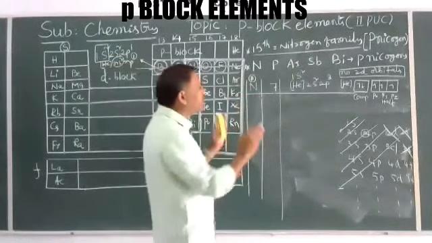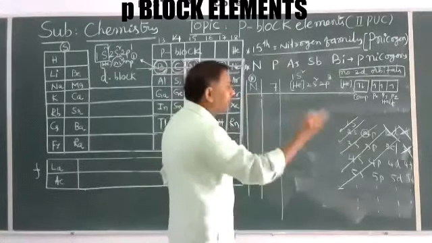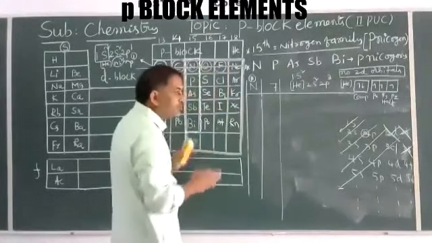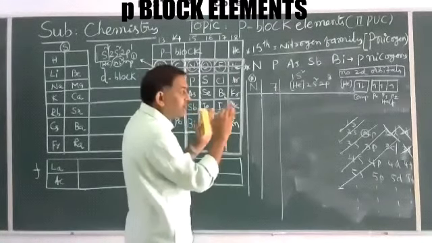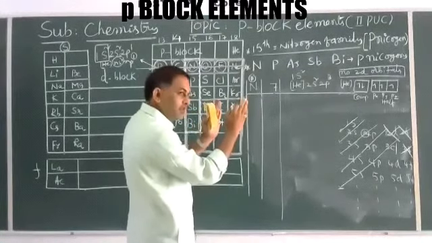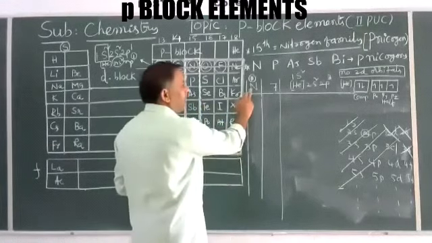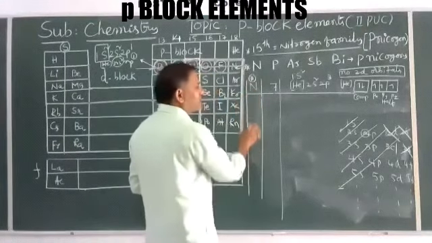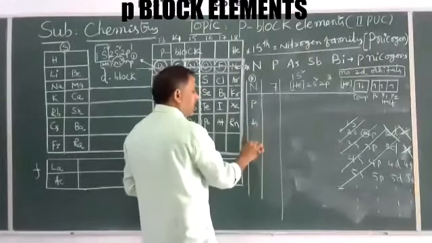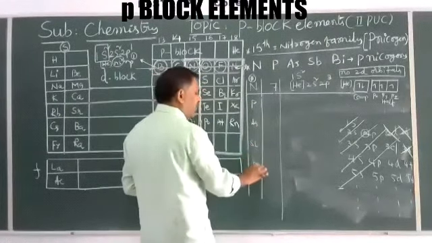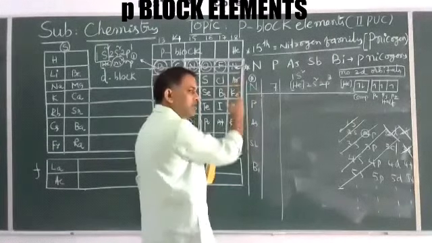So once we observe this nitrogen, the 16th and 17th groups have the same explanation. They just give simple guidelines there, but here I am giving clear information, so just observe it. Why does nitrogen show anomalous properties compared with phosphorus, arsenic, antimony, or bismuth? Why does it show peculiar properties?